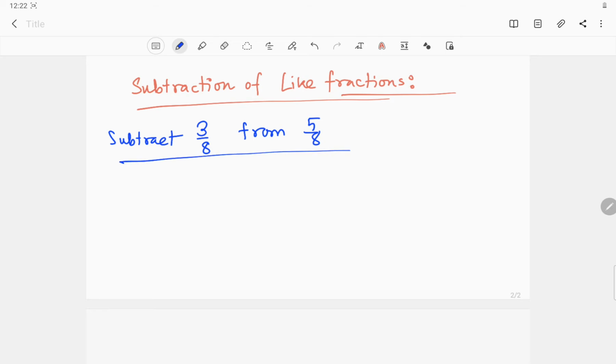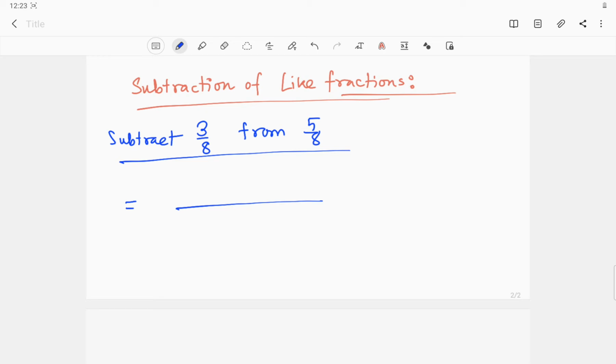In this case the process is more or less the same. Always remember, in subtraction you subtract the smaller number from the bigger number.